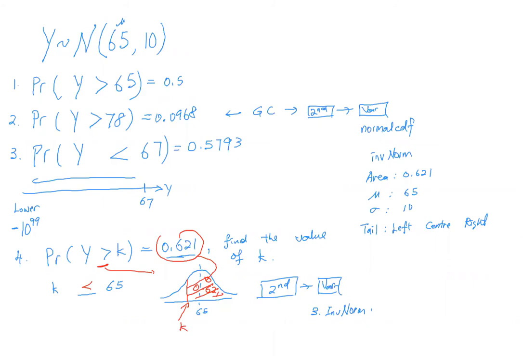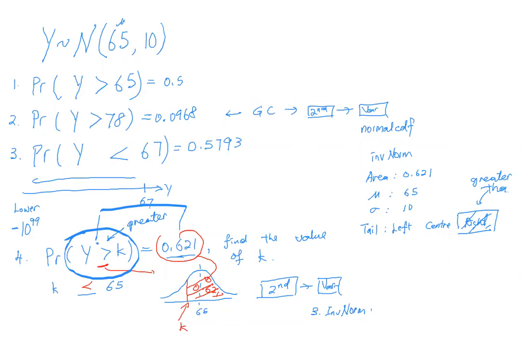Okay, look, if the question is greater than, so you highlight right. Right is for greater than. See where? Here. This one, the one in the probability.